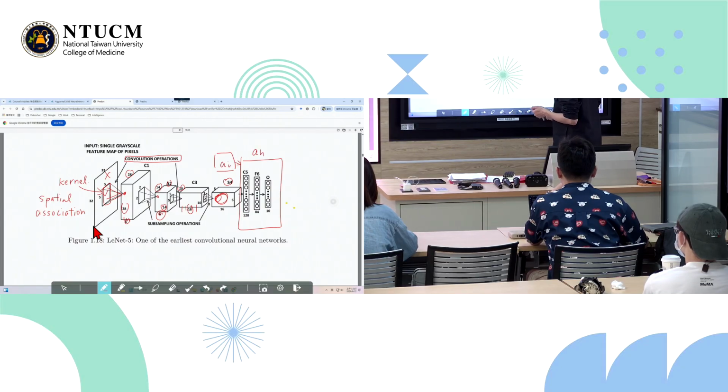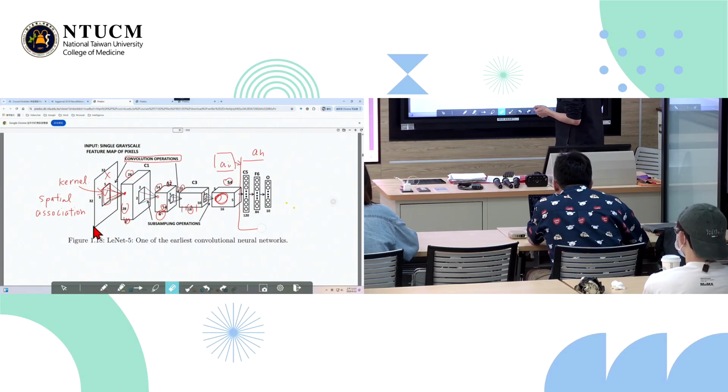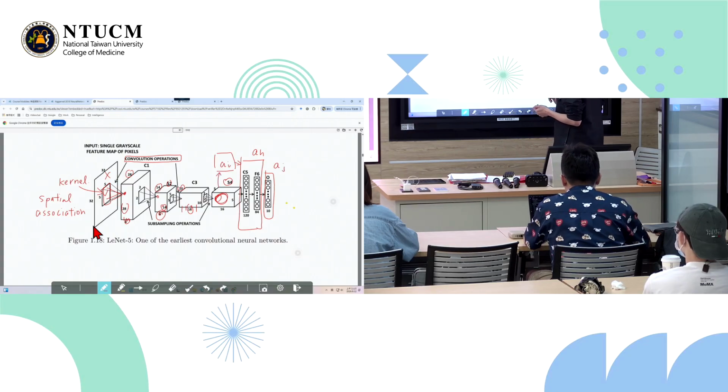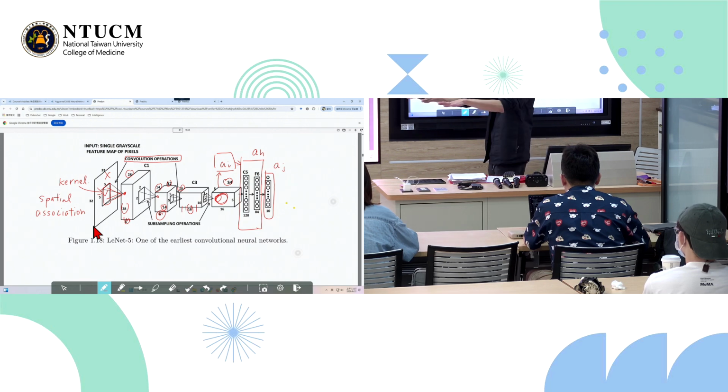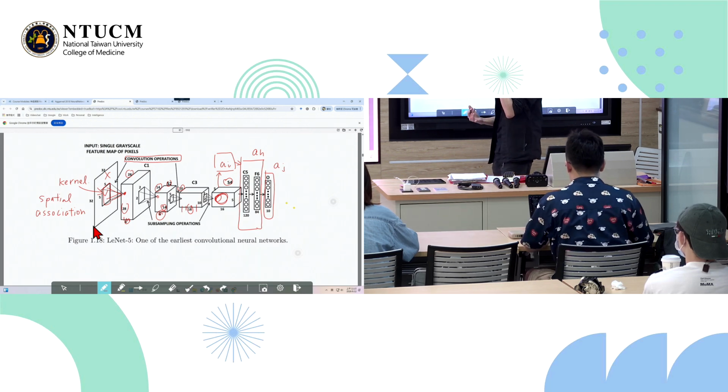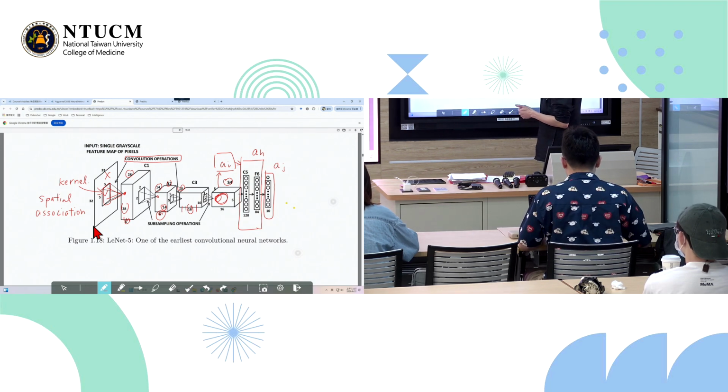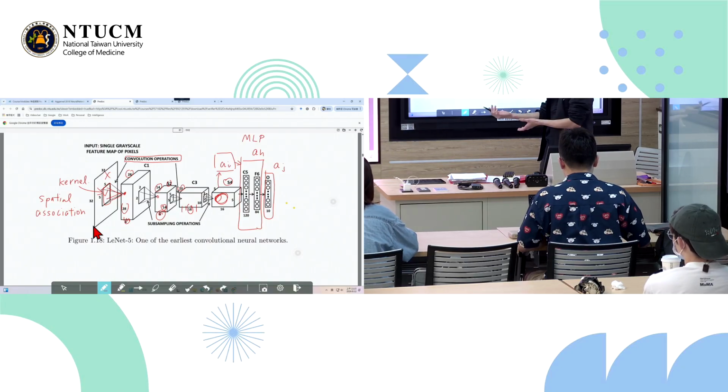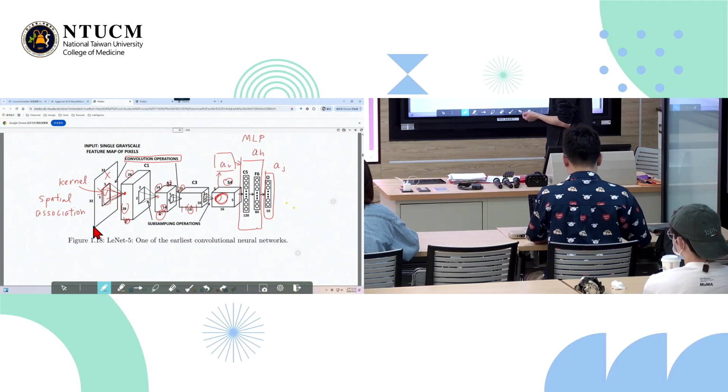If I draw this out, it might be very salient for you. Whatever the state of the excitatory layer, you use that as the input to an MLP, a multi-layer perceptron with hidden units, which gives you a vector.